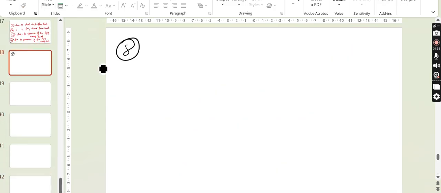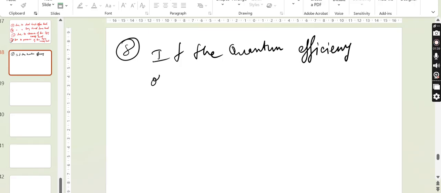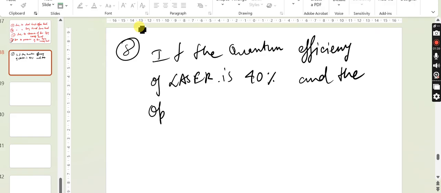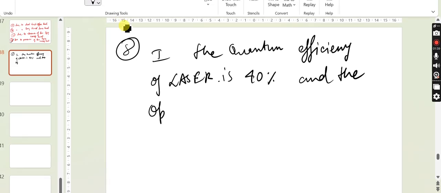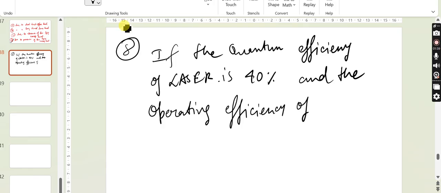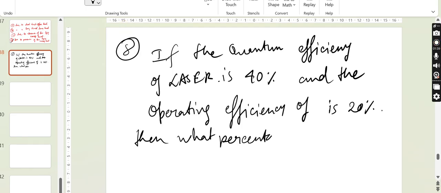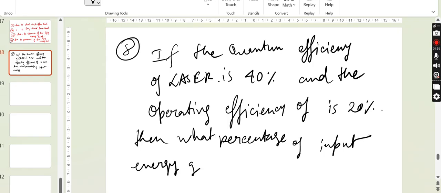Question 8. If the quantum efficiency of a laser is 40% and the operating efficiency is 20%, then what percentage of input energy gets lost?